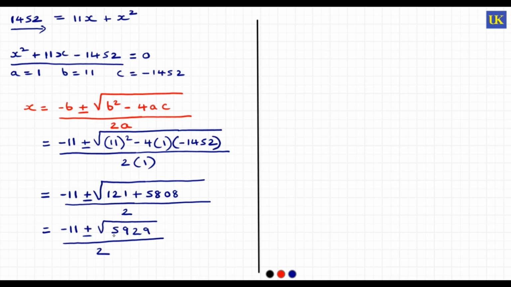Now what we will do, we have to remove this number from the square root. So I will find the factors of 5929.